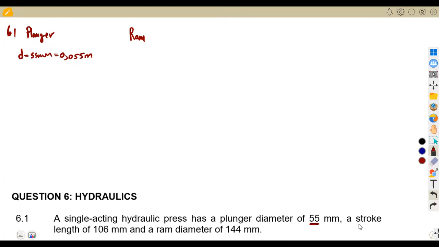Then we also have a stroke length of 106 millimeters, which is 0.106 meters if we divide by 1,000. Then the ram diameter of 144 millimeters, which is 0.144 meters. That's the information that we have in this case.